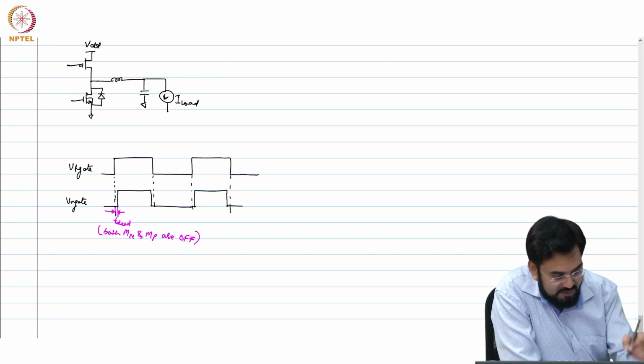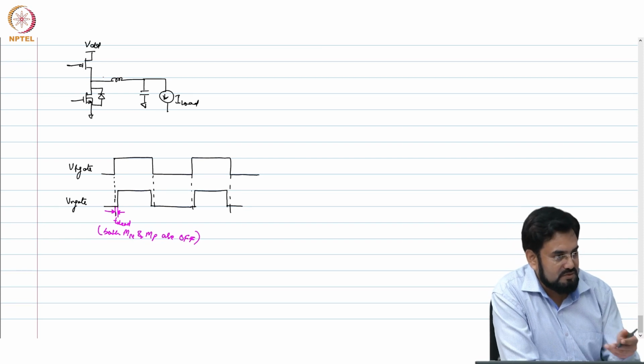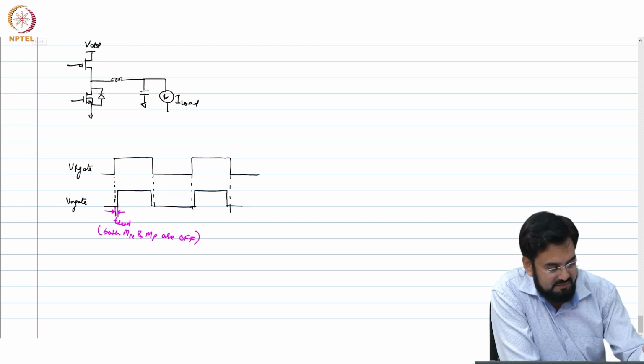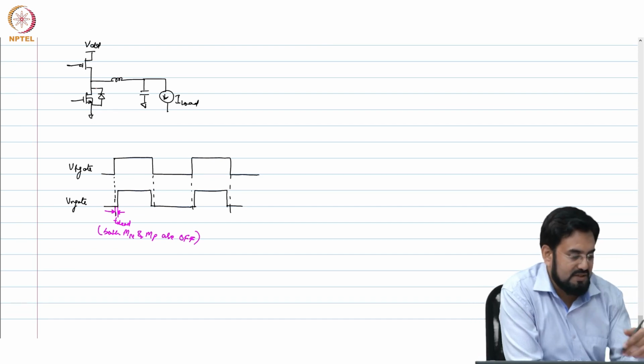This will only go negative. The PMOS will have a P here, so that will always be reverse biased. That will not conduct, because the current direction is going from this towards the load. So this will always be negative during that time. Okay, so that diode will not conduct.